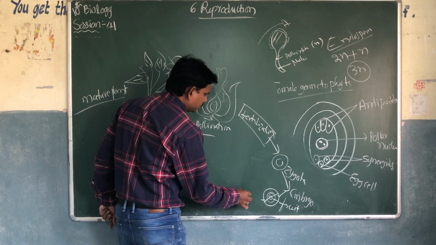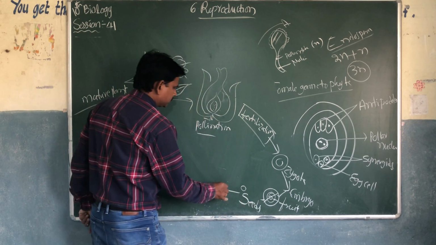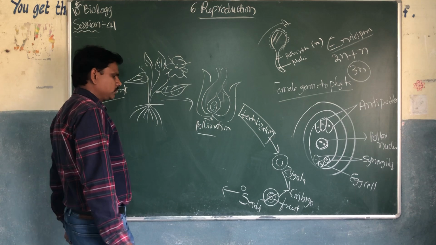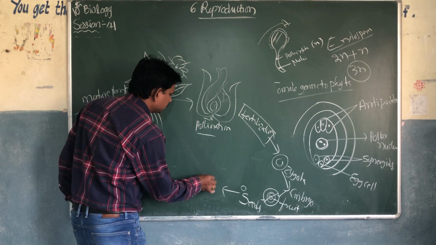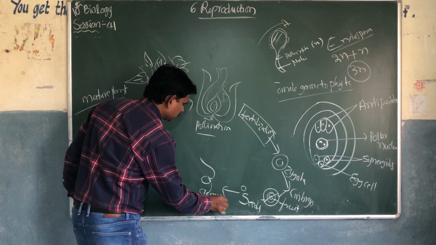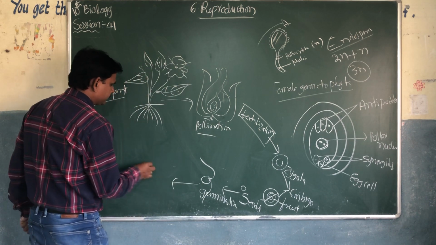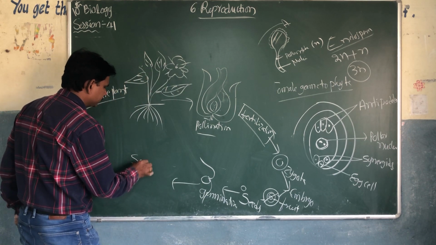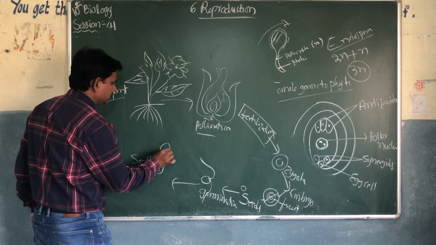In the fruits, you can see some seeds. When you sow these seeds in the soil, they start germination. After the seeds, there is the seedling.